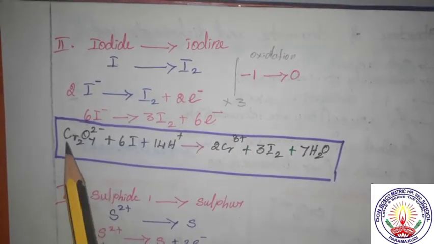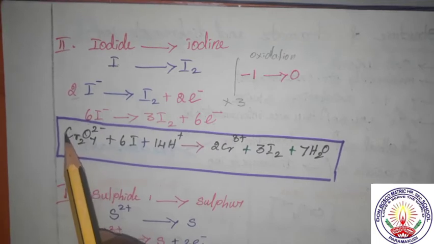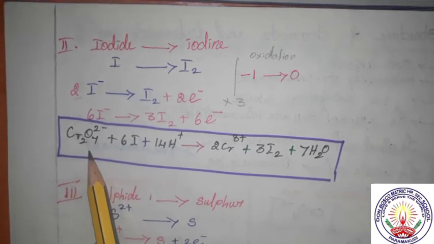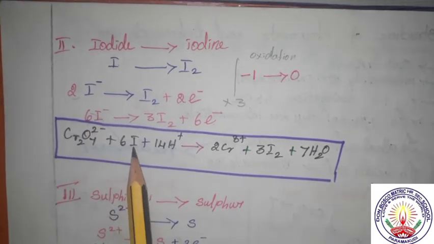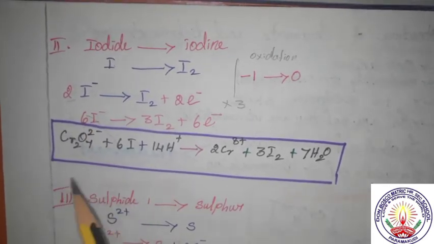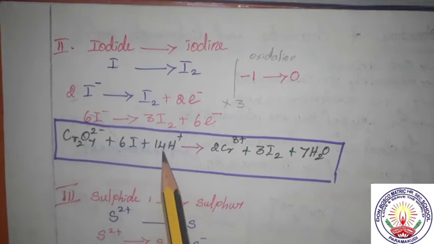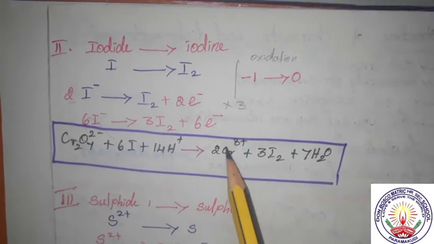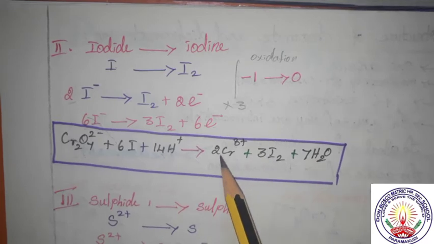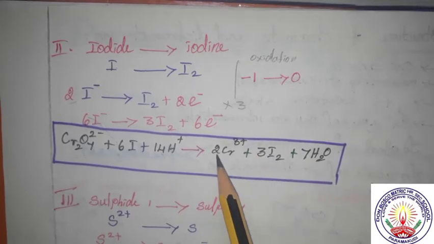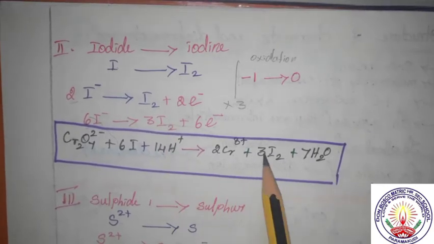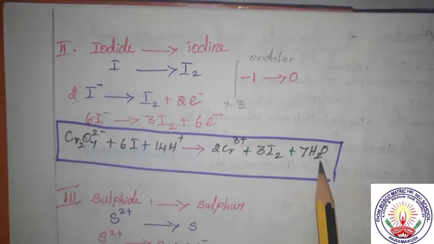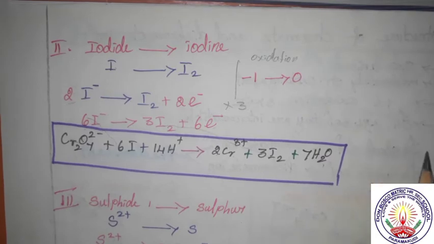Always remember, first start with Cr2O7 2-, then 6 I-, then 14 hydrogen. Towards the right, first write the mother equation, 2 Cr3+, then write this, then come to the water, 7 H2O.